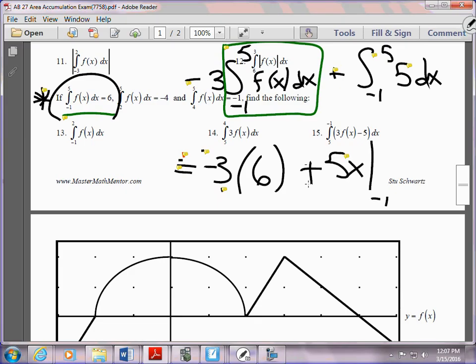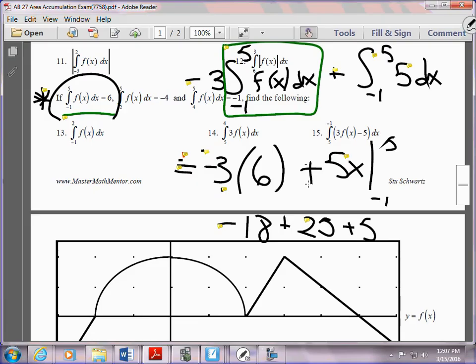And I have to plug in the 5 and the -1 and subtract. So you have -18, plus 25 minus -5, so that'll be plus 5.